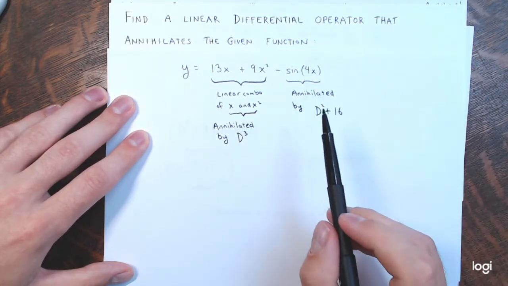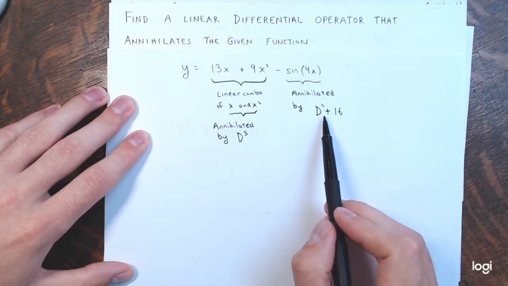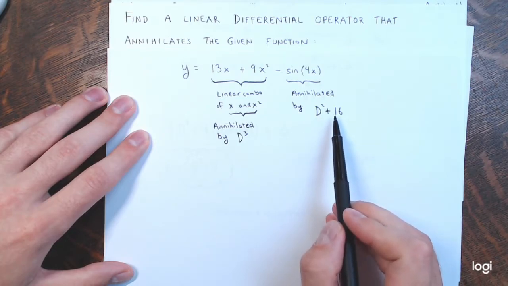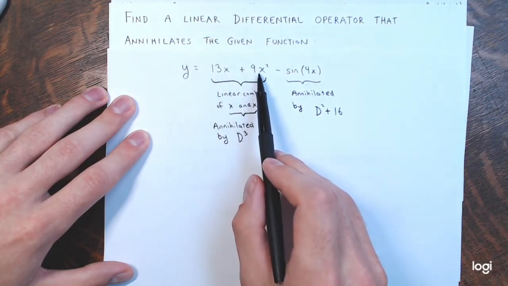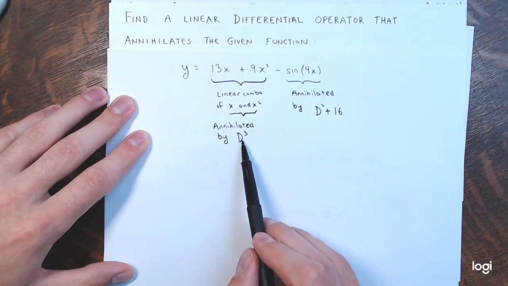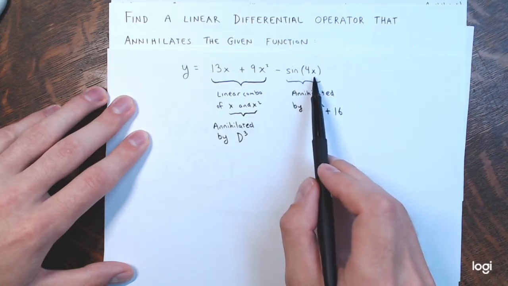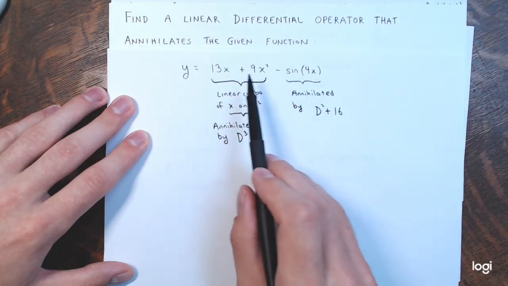And then you could also go through and verify that D squared plus 16 does not annihilate 13x plus 9x squared. And D cubed does not annihilate sine of 4x. But they do annihilate the terms separately.